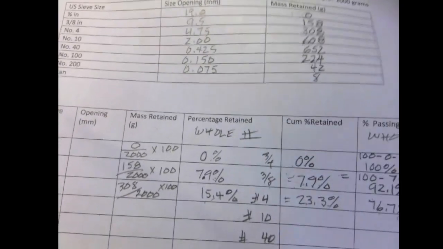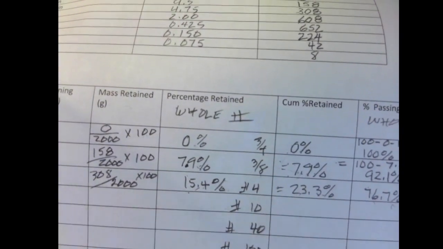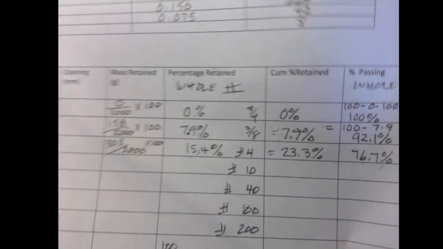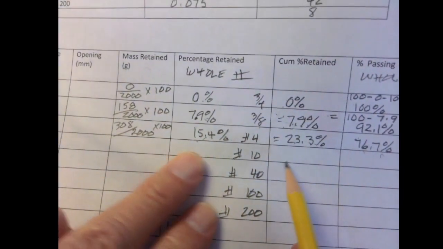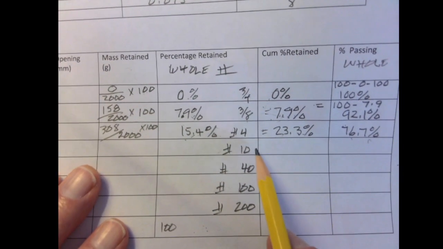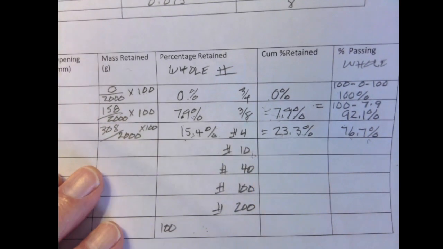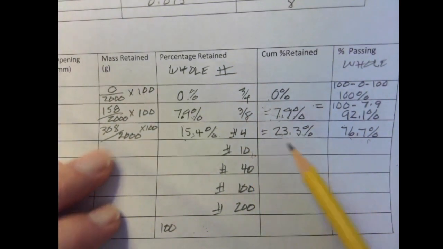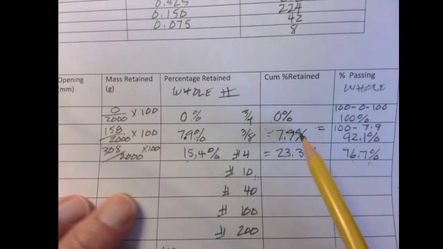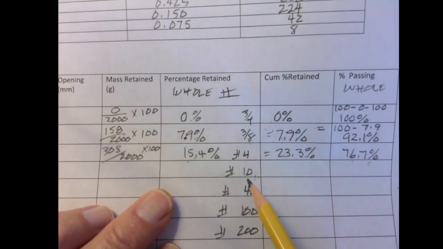So now let's look at it on the number 10 sieve. The cumulative amount was the amount retained. Let's see, where's that?